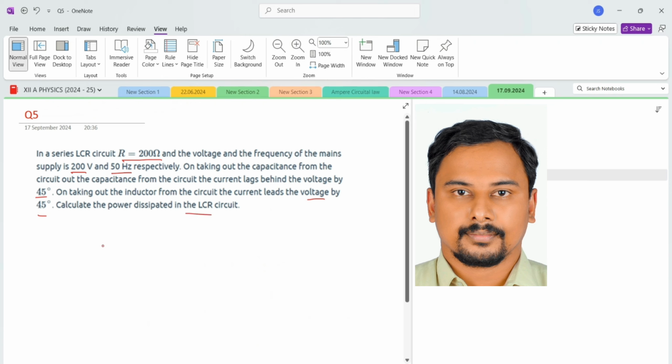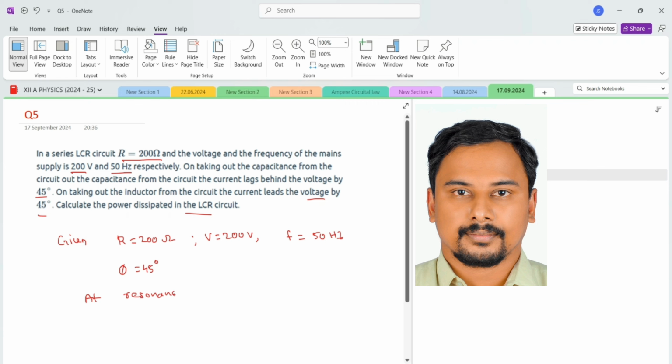First, write what is given: resistance 200 ohms, voltage 200 volts, frequency of the alternating current 50 hertz, and phase angle 45 degrees.